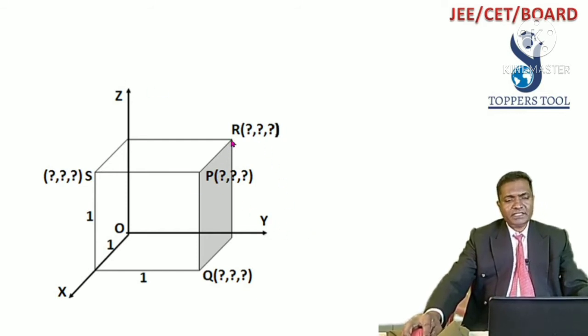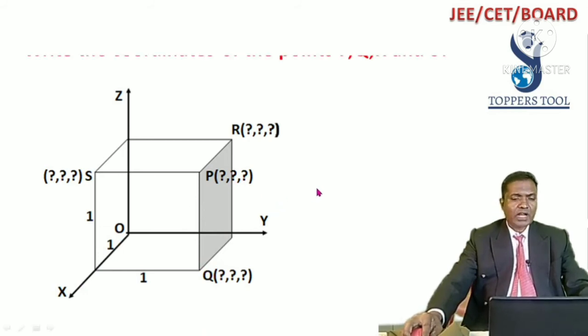So P is at a distance of 1 unit from the YZ plane, and y stands for the distance from the XZ plane. How much is this distance? This is 1. Again, z stands for how far it is from the XY plane. So this distance is 1. So the coordinates of the point P are 1, 1, 1.